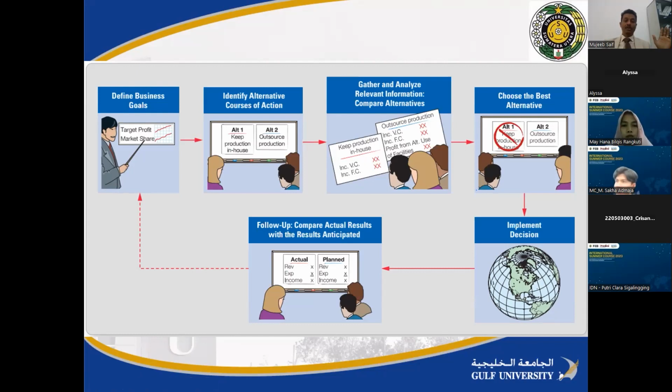Then we identify alternative courses of action. So now we should understand the business goals, and we should know what alternative options we have. Maybe one or two or more, maybe three, four, five.